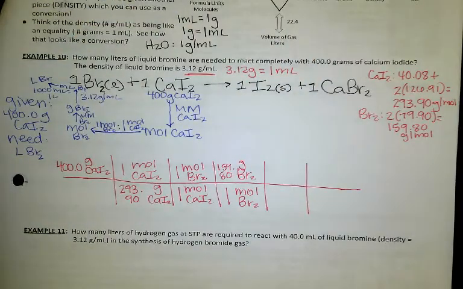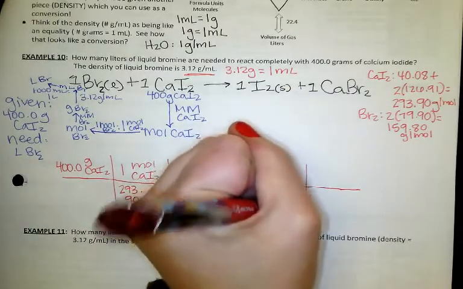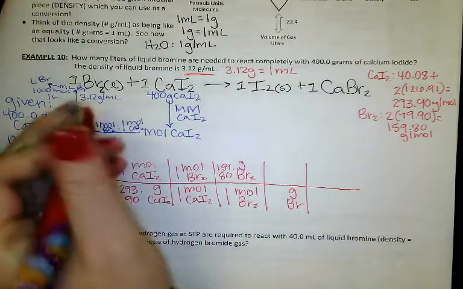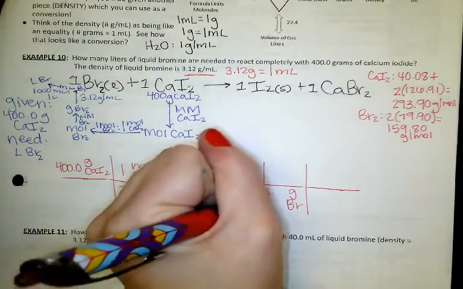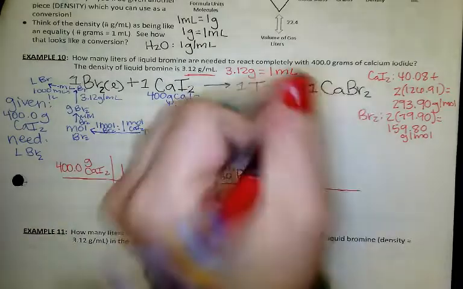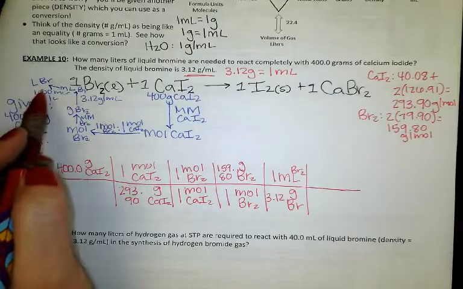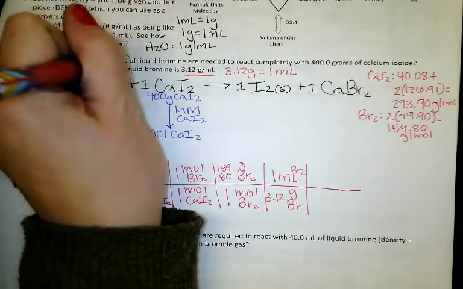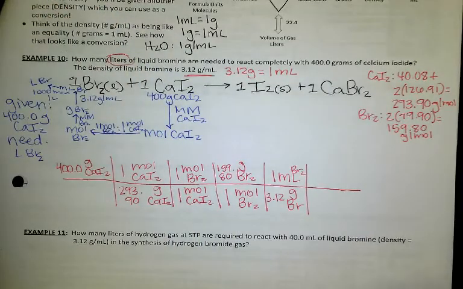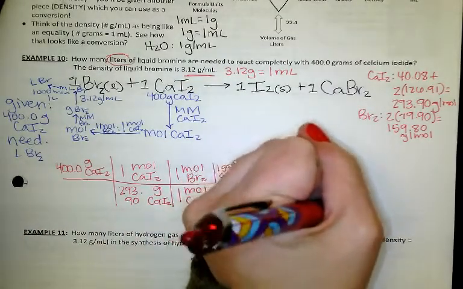And so I have grams of bromine on top, so grams of bromine is going to go on bottom, and it's going to be that 3.12. And then 1 milliliter will go on top, and that's 1 milliliter of bromine. So that gets me to milliliters of bromine. Then I need to convert to liters, because it's asking for liters, using 1,000. So we've got 1,000 milliliters of bromine in 1 liter of bromine.